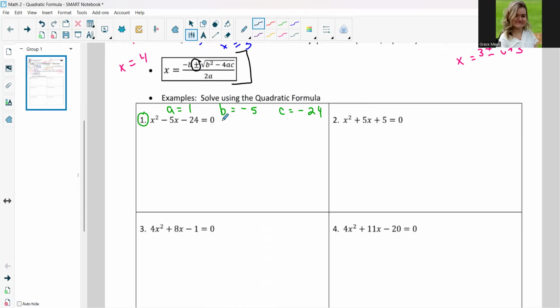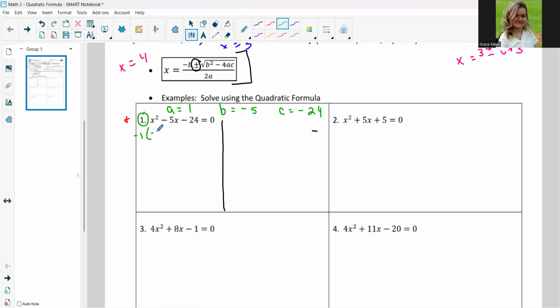The first way I'm going to show you is to break it into 2 different parts, and you're going to have to simplify. I'm going to do the plus over here and the minus over here. I'm just going to plug it into my formula. Now it's negative b, so envision that this is a -1.